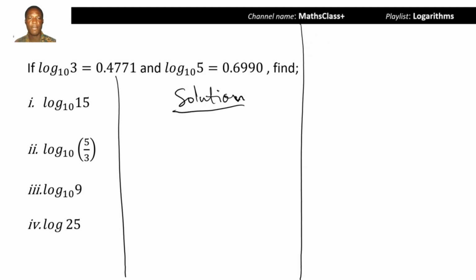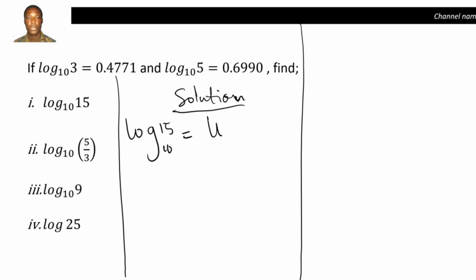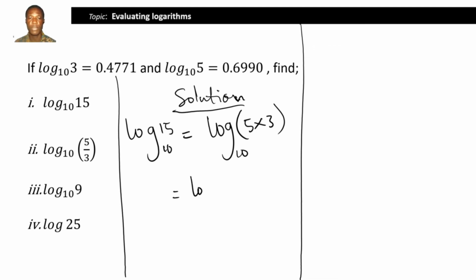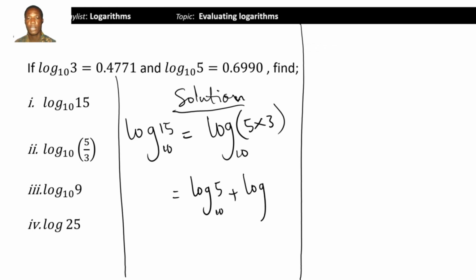we are going to have log 15 to the base 10 written as log 5 times 3 to the base 10. And this one, by the law of multiplication, becomes log 5 to the base 10 plus log 3 to the base 10. And we have the values for log 5 to the base 10 and log 3 to the base 10.